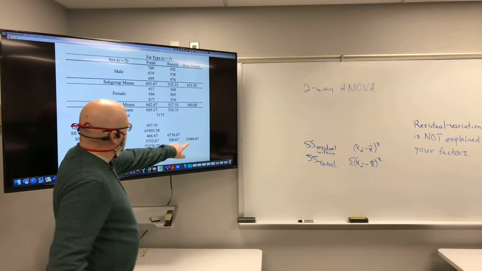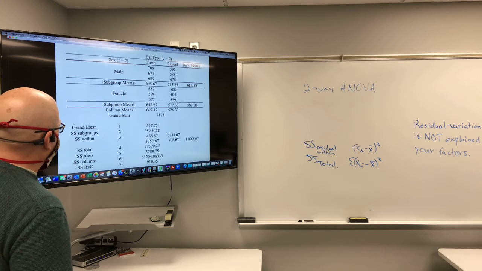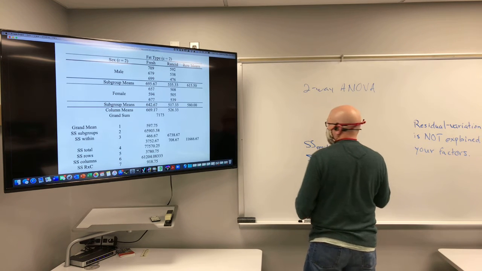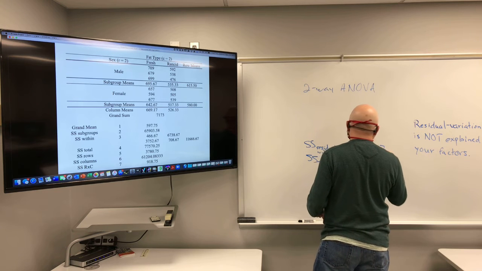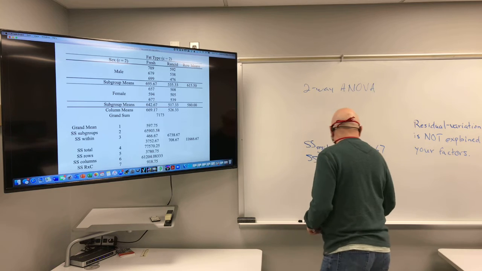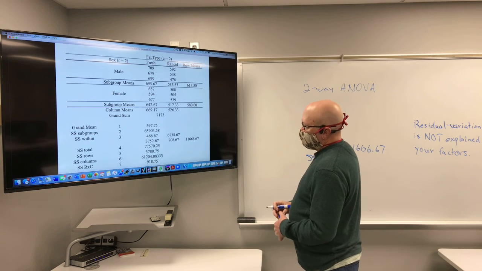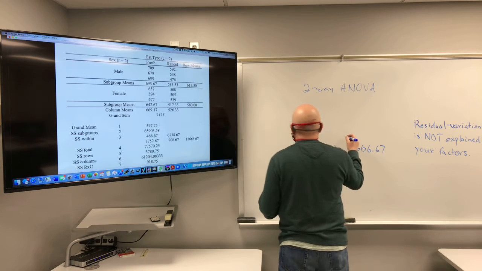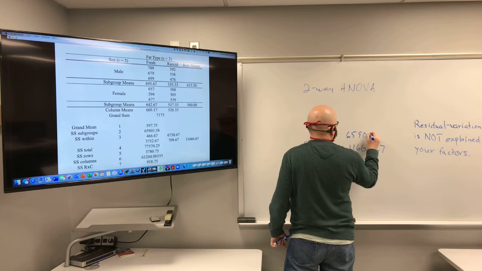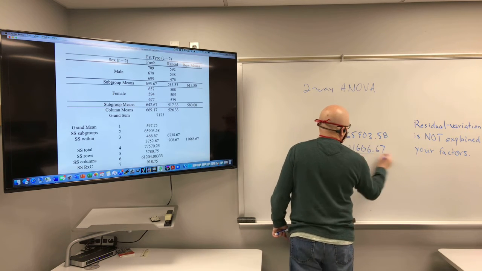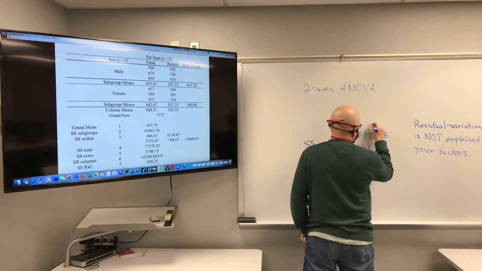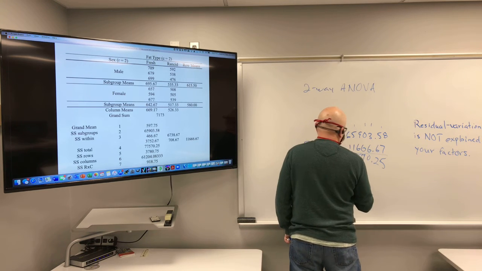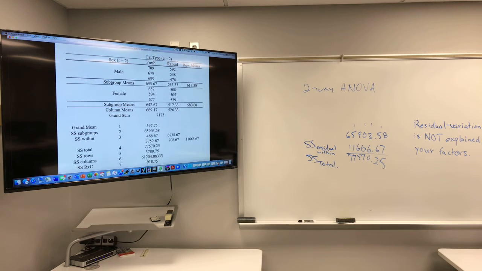So if 11,666.67 is the residual sums of squares, if we add that to sums of squares subgroups, 775,025 should be the total sums of squares.